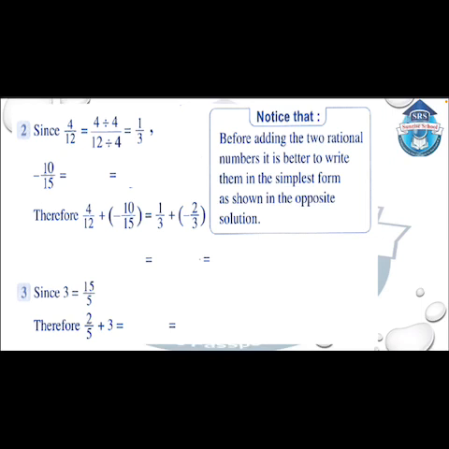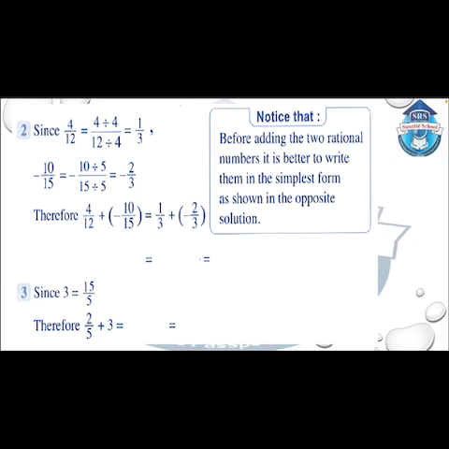And negative 10 over 15, can I simplify? Yes, you can. Let's do it. 10 and 15 divided by 5 will be 2 over 3. Now, don't forget the negative sign.